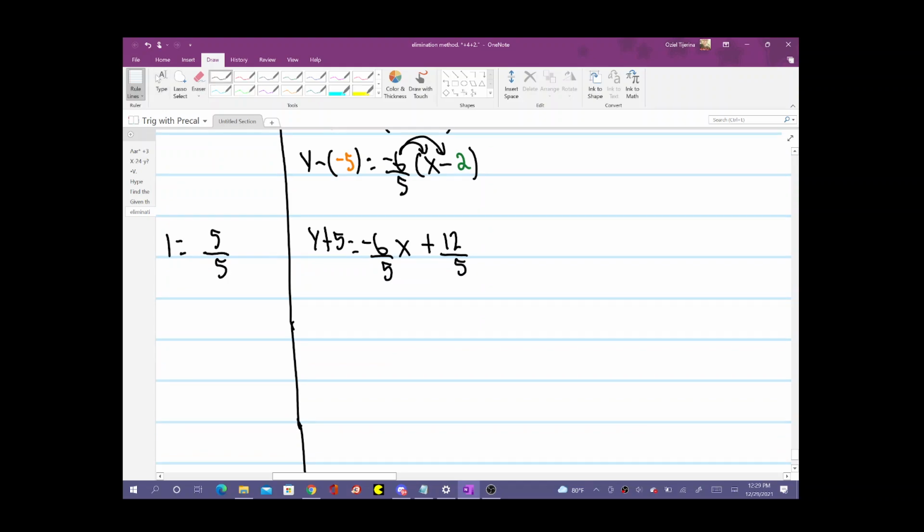So now it's just a matter of solving for y. To solve for y, subtract 5 on both sides.